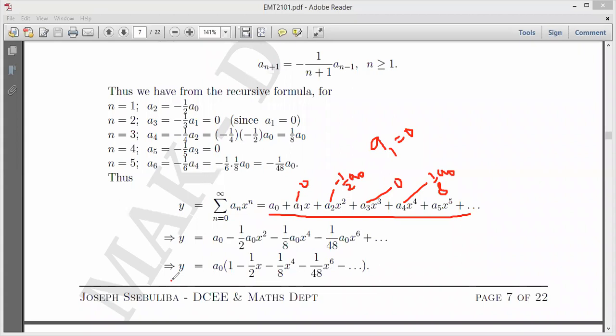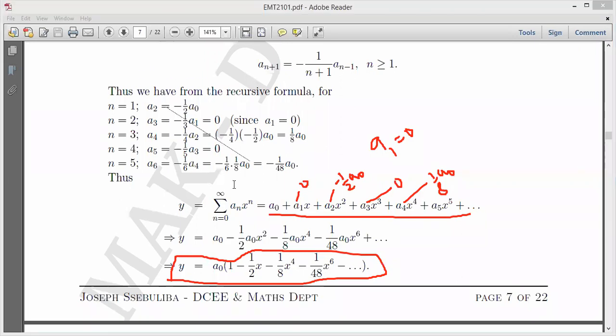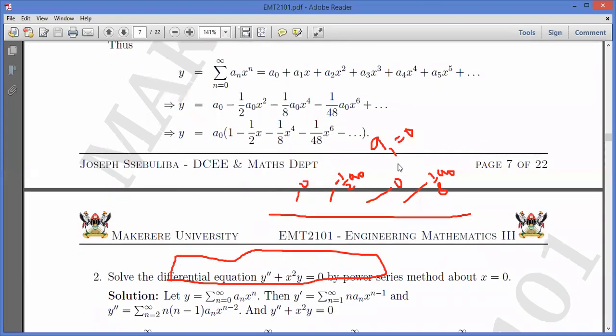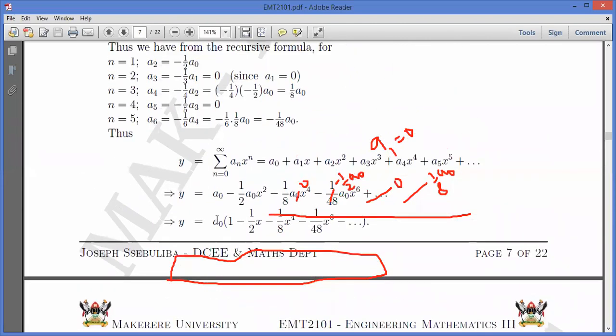And you can confidently conclude that the A naught can be established under given conditions. So A naught, this one can always be defined.